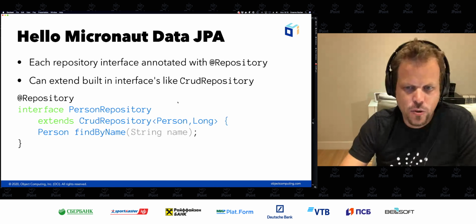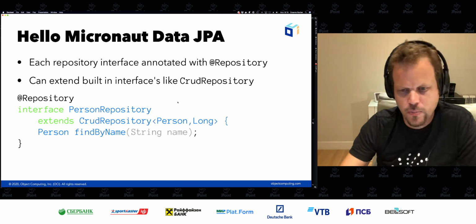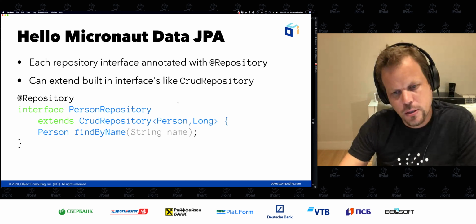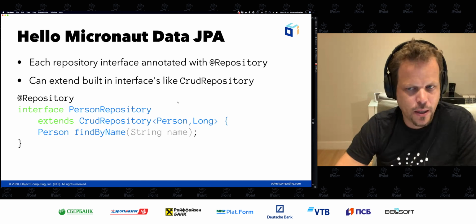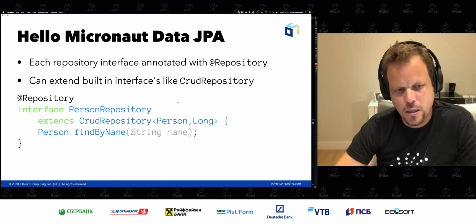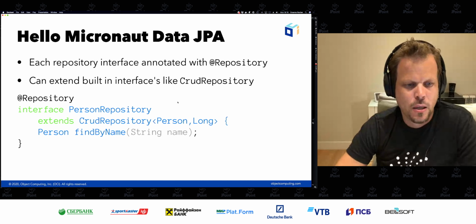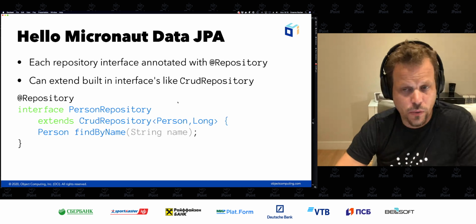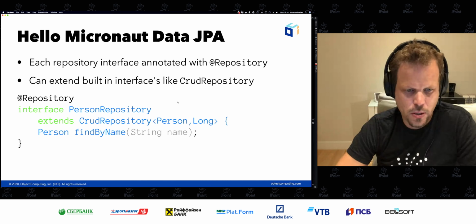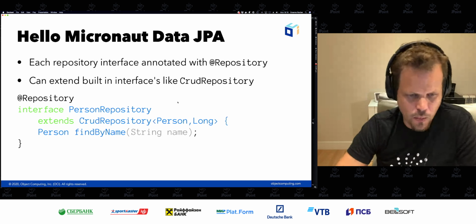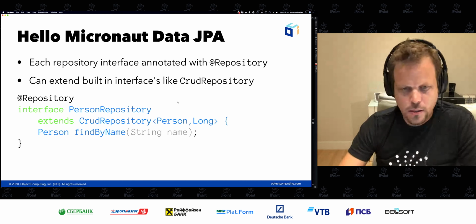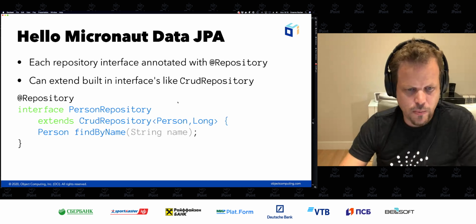Essentially, if you've used something like Spring Data or Apache DeltaSpike or GORM with its service concept, it's very similar in that you define an interface, you annotate it with @Repository, and the interface can extend one of several different built-in interfaces like CrudRepository, and then you define methods such as findByName, etc. It's pretty simple in that sense, and those methods are implemented for you at compilation time. So that's the big difference between Micronaut Data and anything else.